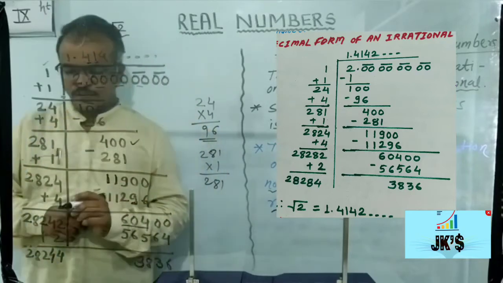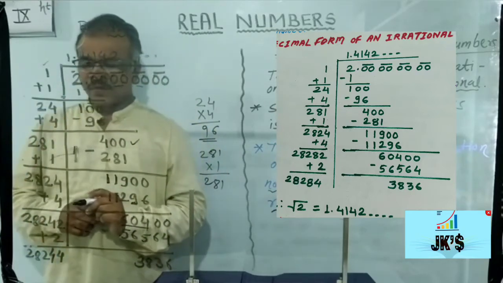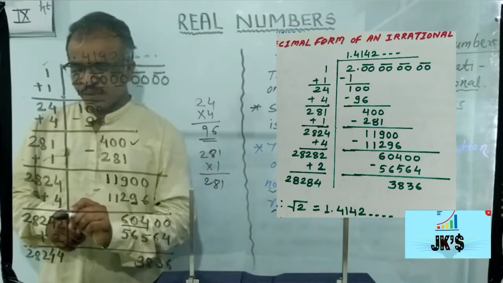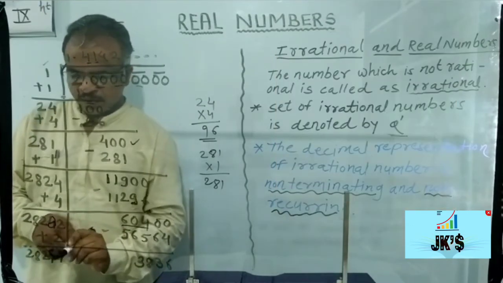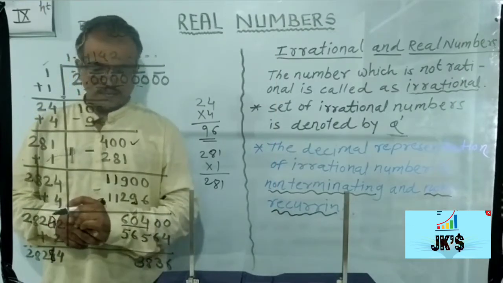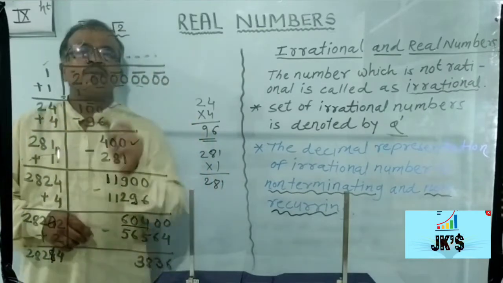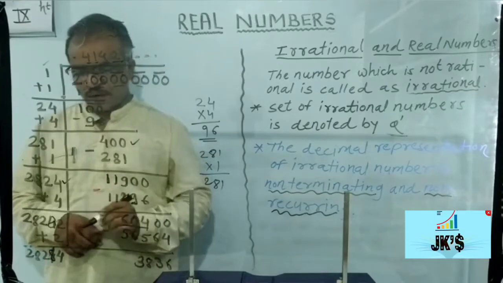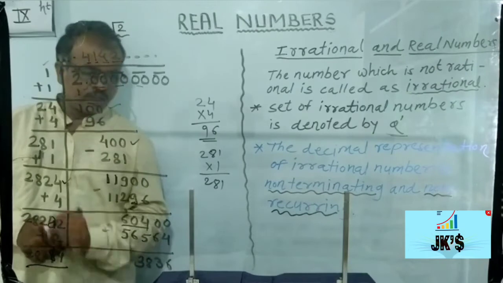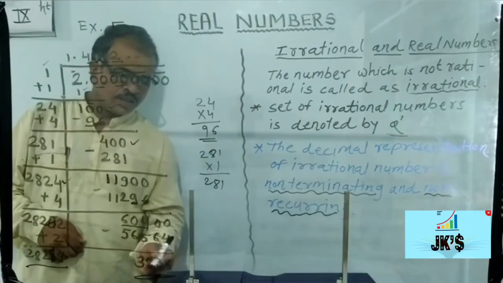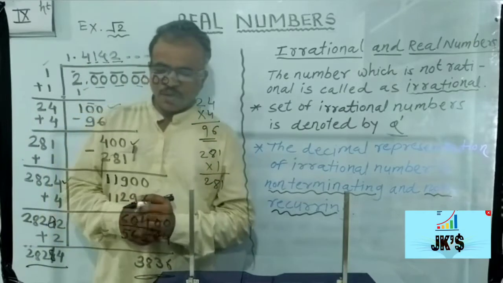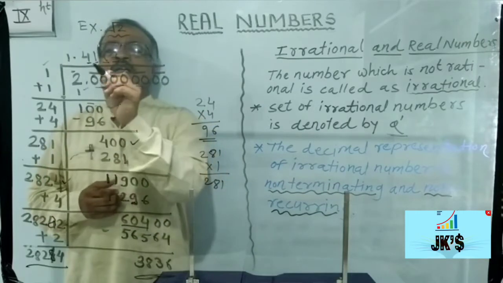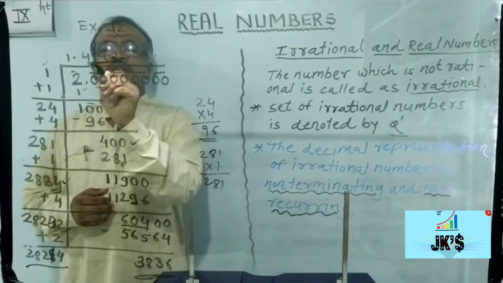Again we add 4, it becomes 8, 8 plus 2 is 4. We divide by 2 here, 4 is taken. Again we divide by 2, and the subtraction is 3836. When we observe this, the division is non-terminating and there is no number which is recurring here.